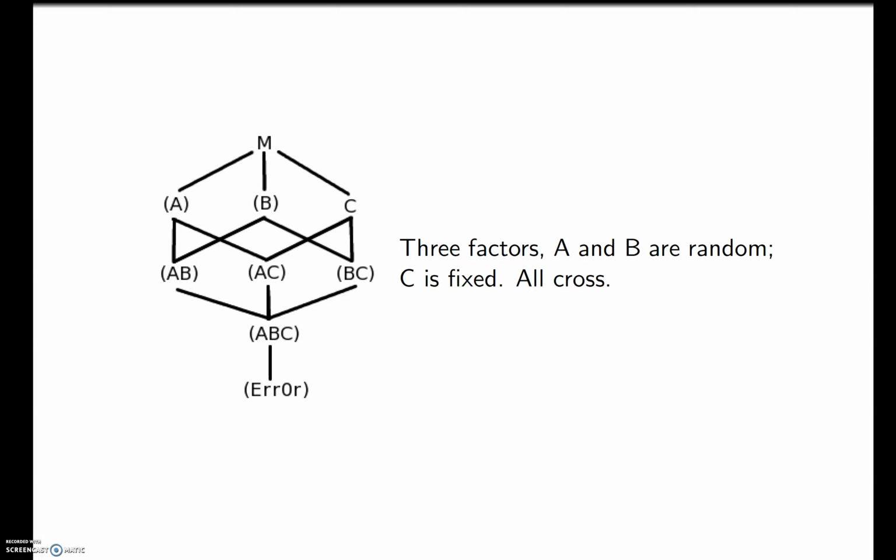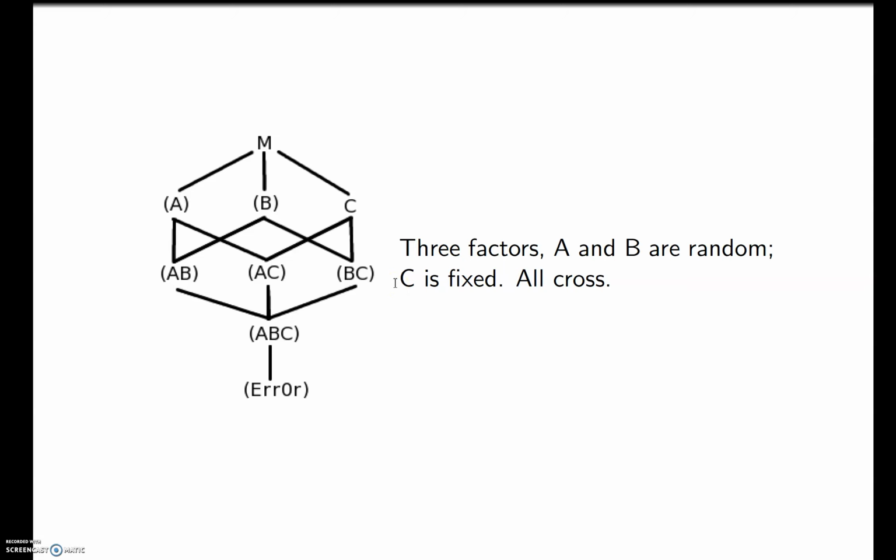Here's something a little bit more complex, I'd say. Which ones are random? Well, we've got the grand mean, of course, but which ones are random? Well, we know A and B, right? C is fixed. All two-way interactions are random, and the three-way interaction is random. The error, of course, is random by default. Notice which ones cross. Well, we've got lines allowing interactions between all three factors.